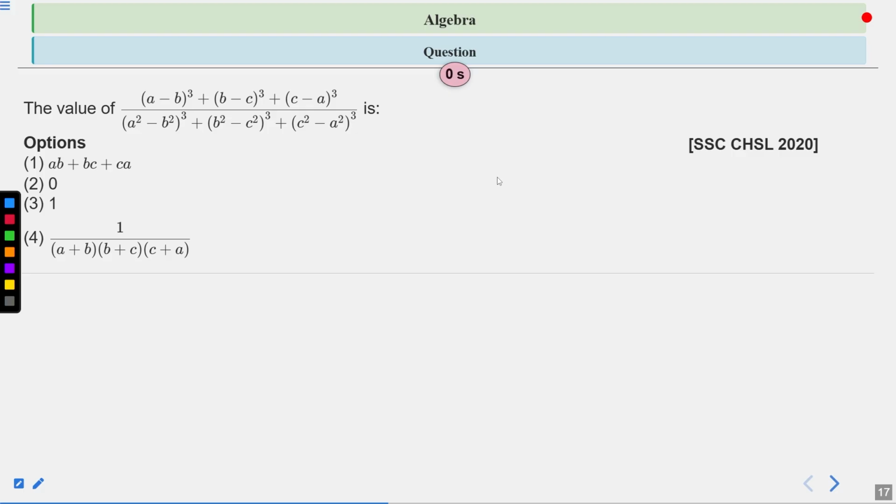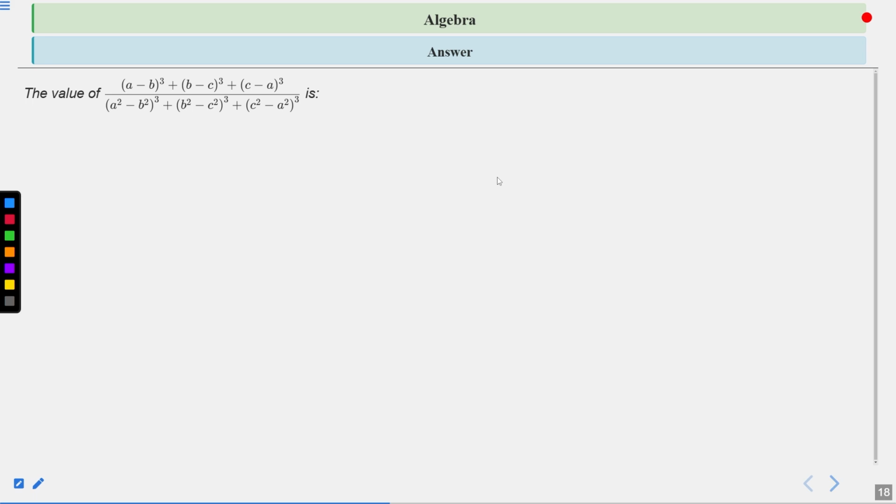Now time's up. Let's see the solution of this question. The question says the value of [(a − b)³ + (b − c)³ + (c − a)³] upon [(a² − b²)³ + (b² − c²)³ + (c² − a²)³] is. The correct answer of this question is the fourth one, which is 1 upon (a + b)(b + c)(c + a).